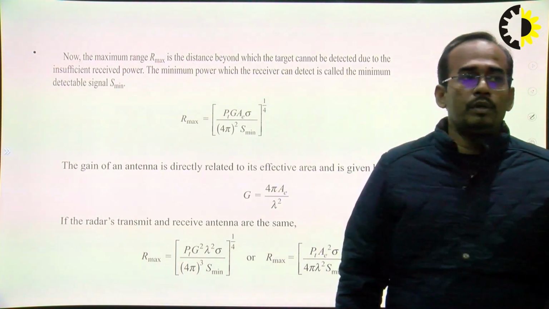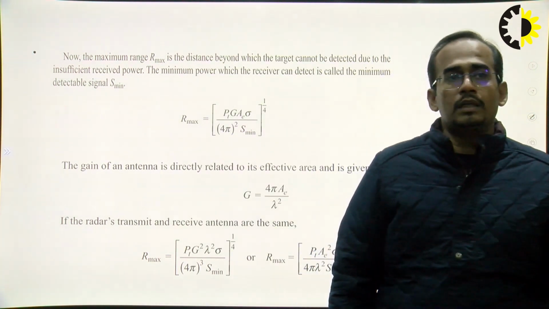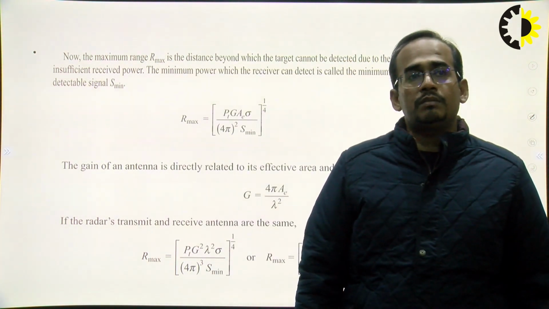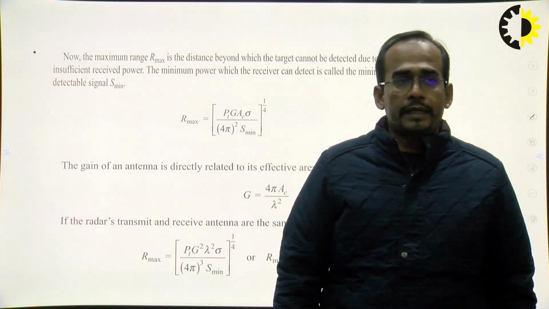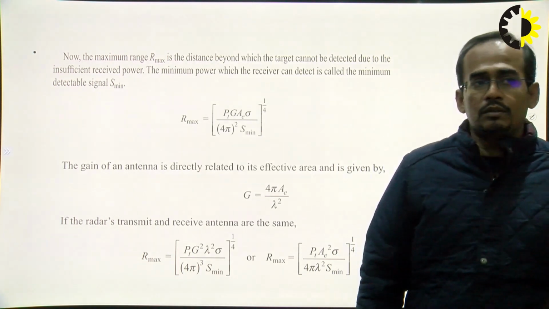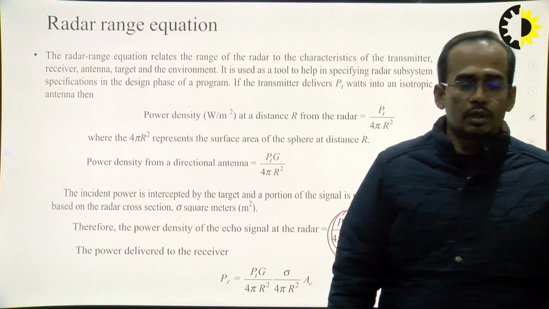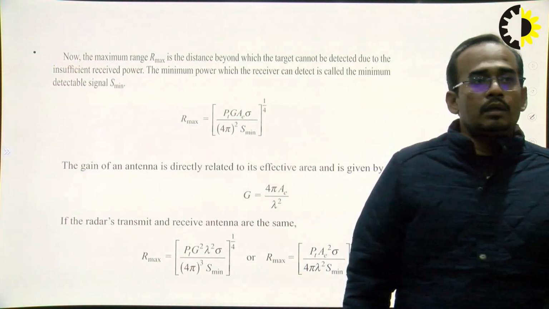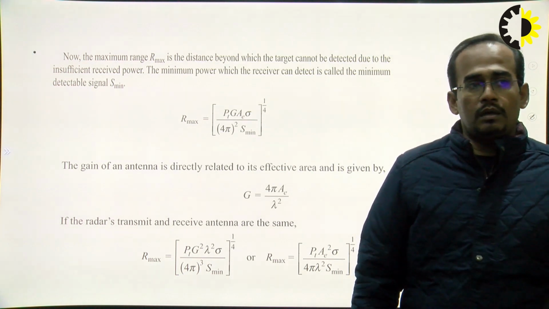How do we get this? The minimum power which the receiver can detect is called the minimum detectable signal, and we get the value of R maximum by dividing the total power delivered to the receiver by the minimum detectable signal.